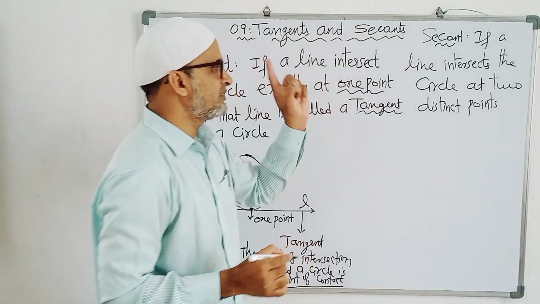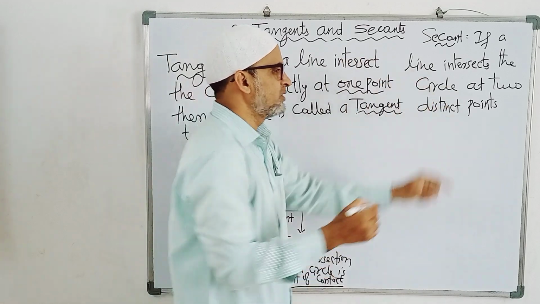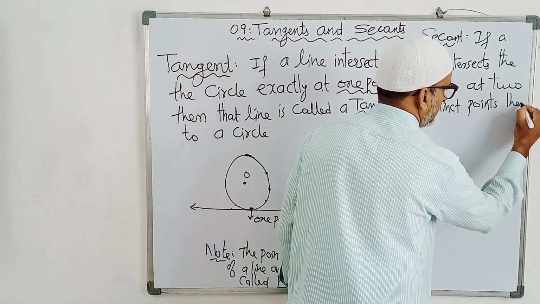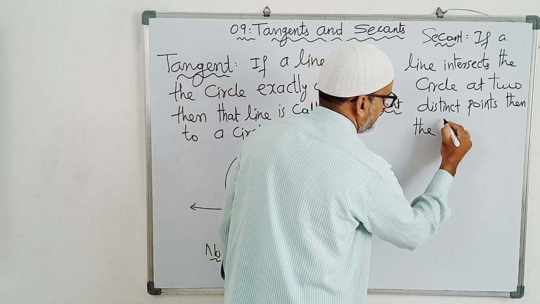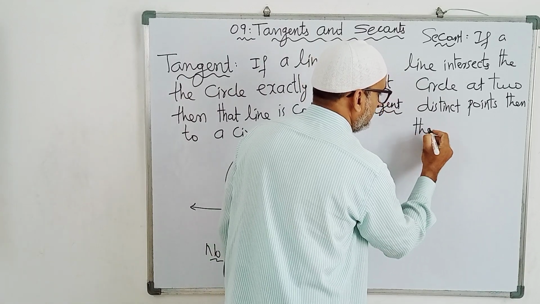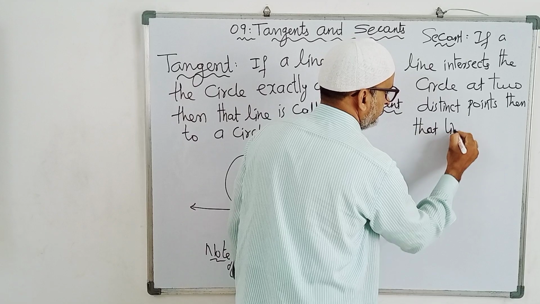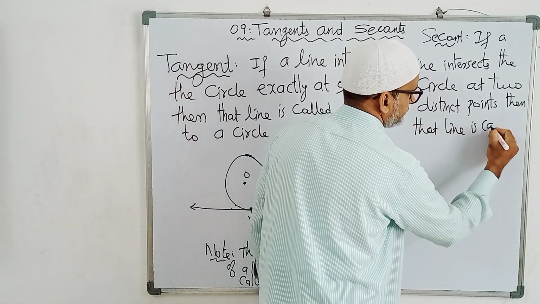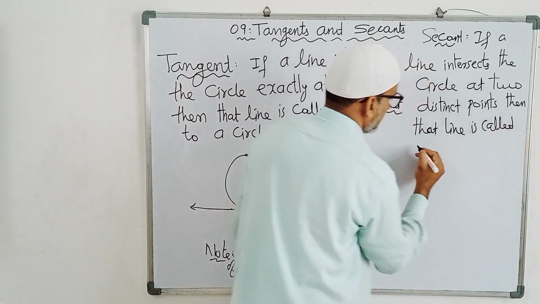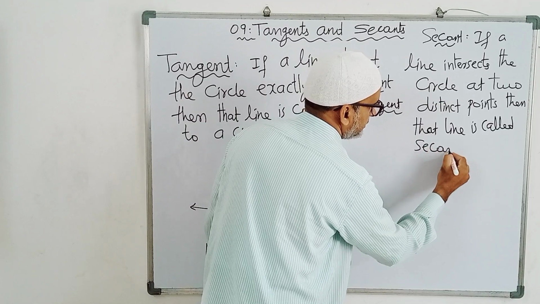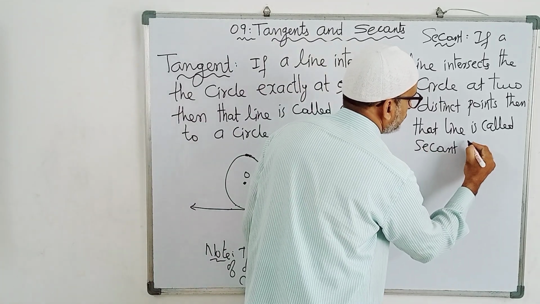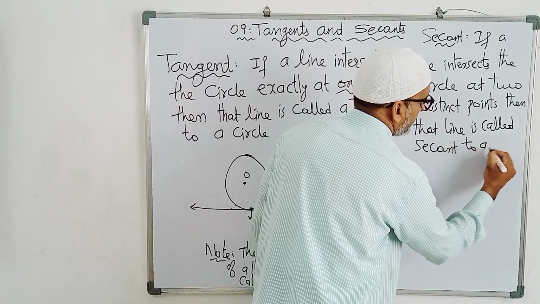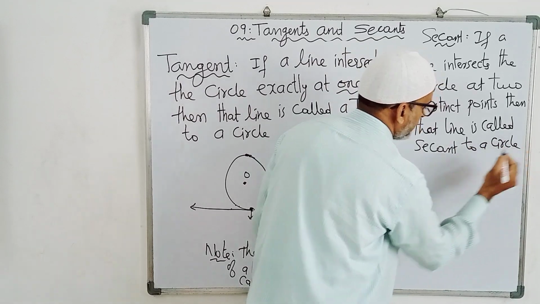If a line intersects the circle at two distinct points, then that line is called secant. Secant to a circle means what?